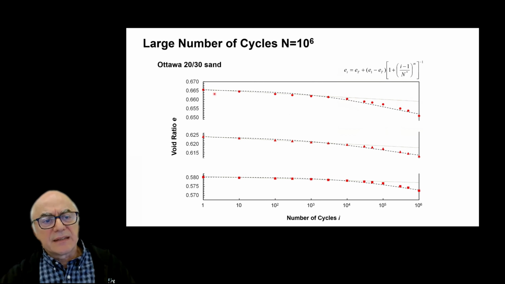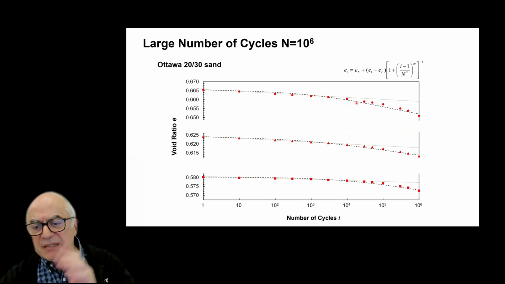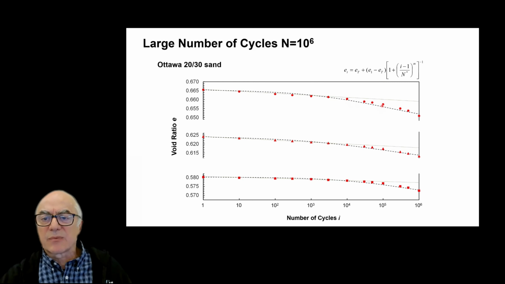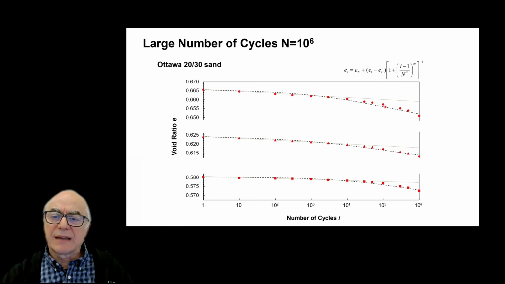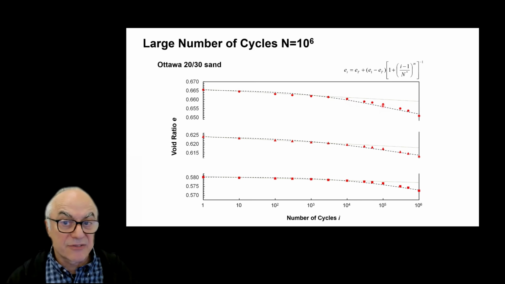Now something interesting happens. The original trend, now there is a deviation. There seems to be a tipping point, which can be somewhere between 10,000 and 100,000 cycles for the materials that we have tested, where the accumulation in logarithmic scale begins to increase, indicating contact fatigue.